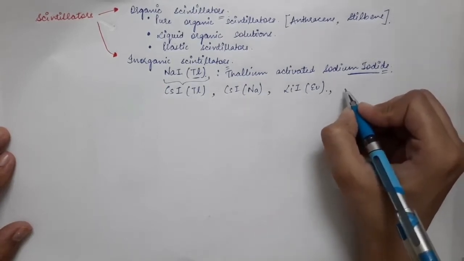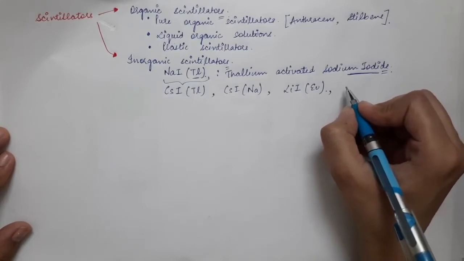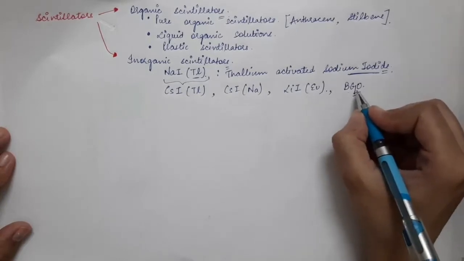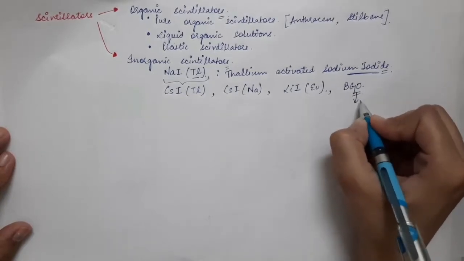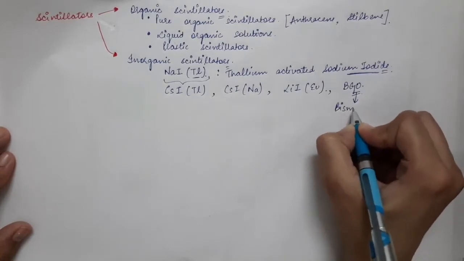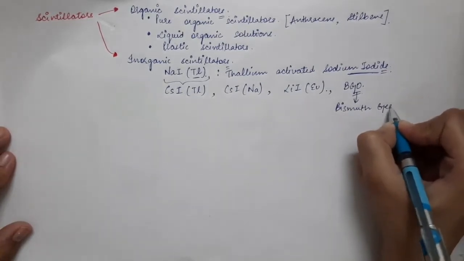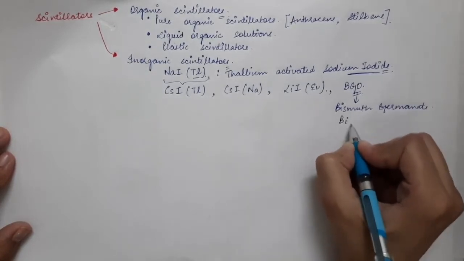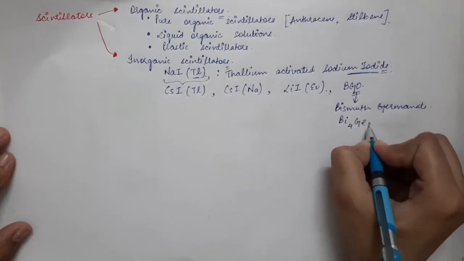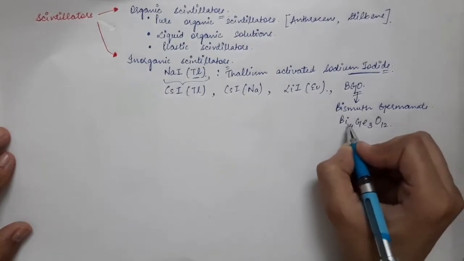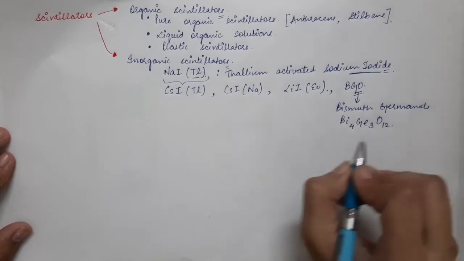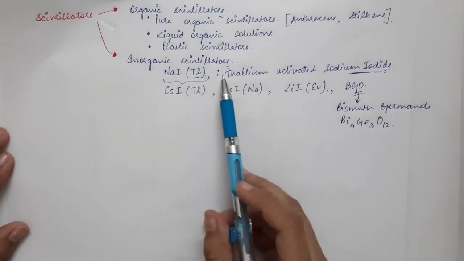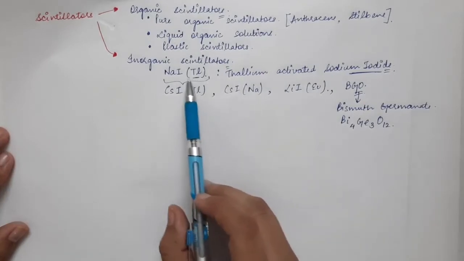And there is another example of inorganic scintillator which is BGO, and this stands for bismuth germanate, and its formula is bismuth 4 germanium 3 oxygen 12. So these are the examples of inorganic scintillators and they are in crystalline state.